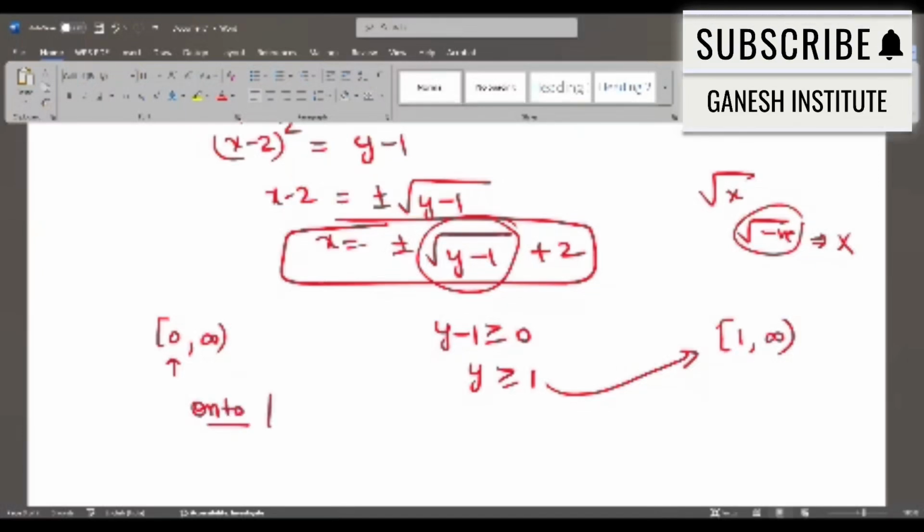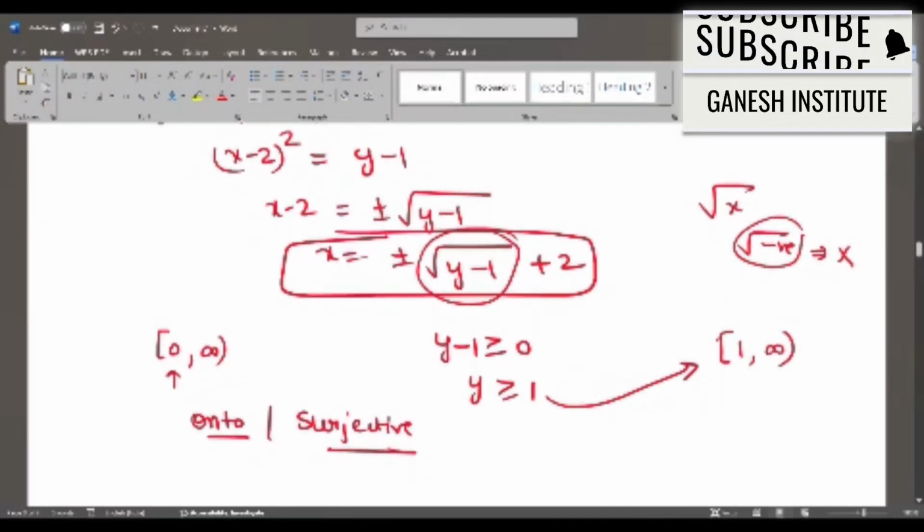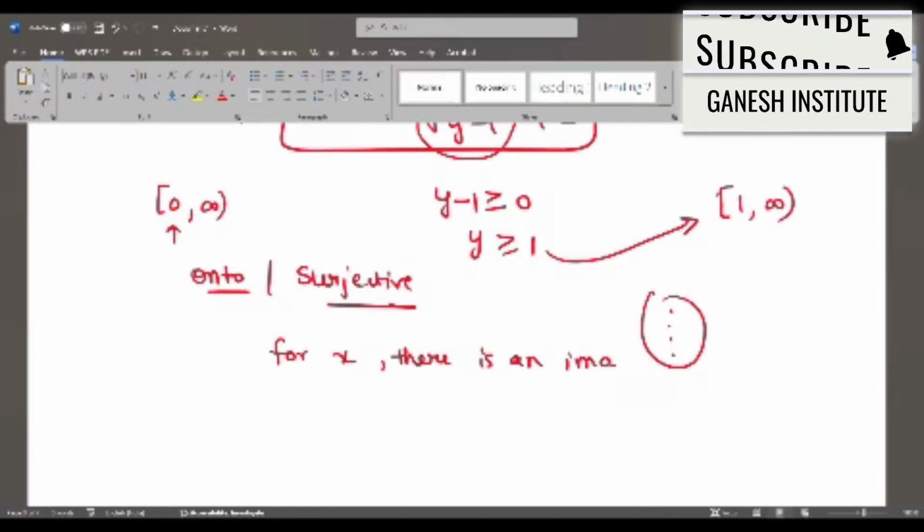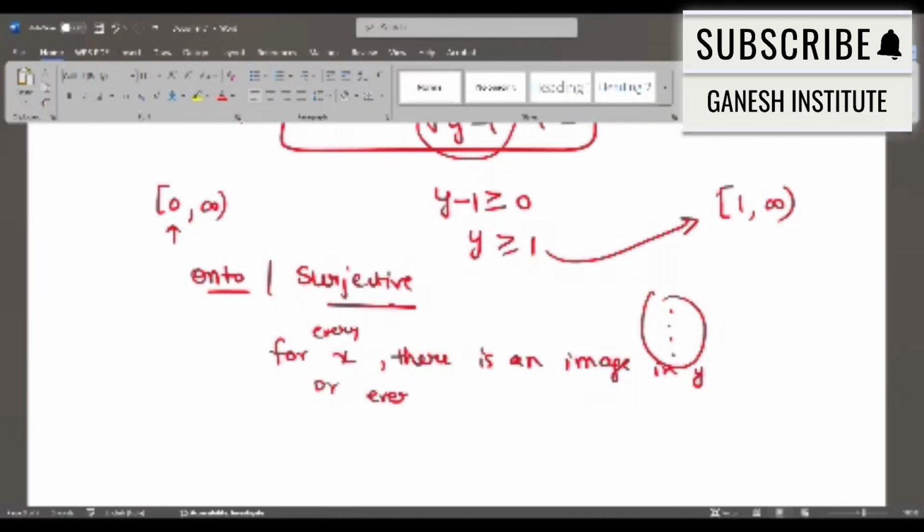So what I'm trying to say, they are asking to prove the surjectivity. So you will say surjective, that is, for x, because x will definitely be counted. All the x will be counted. For every x, there is an image in y, or we'll call it, for every y there is a pre-image in x.